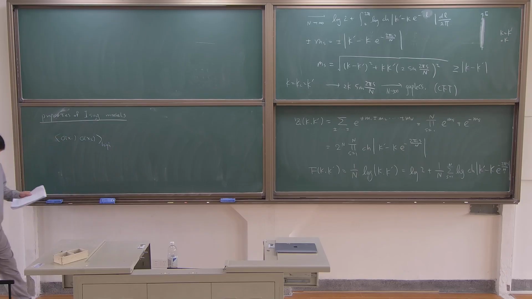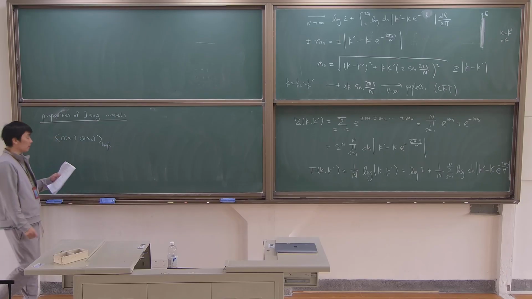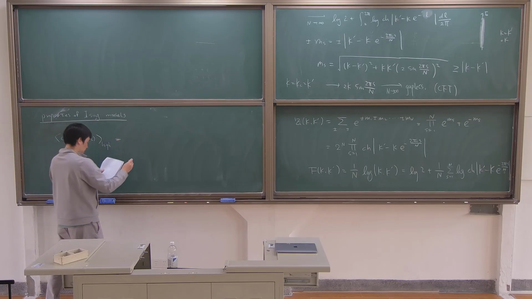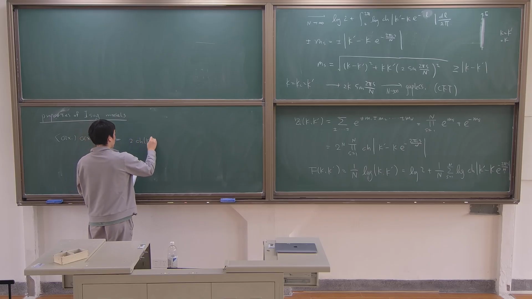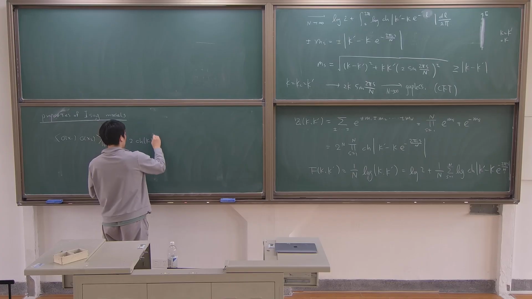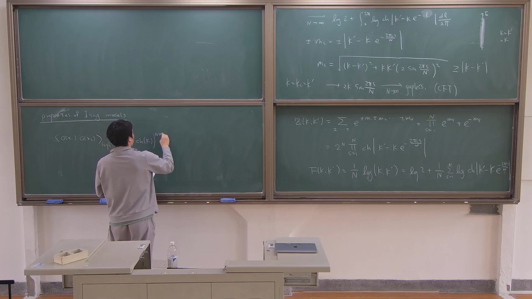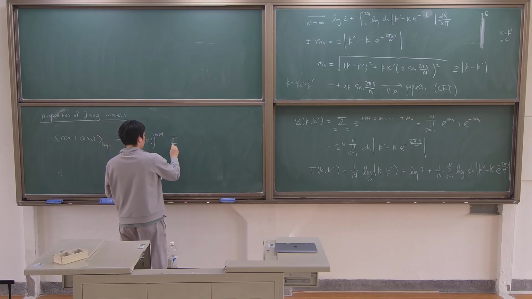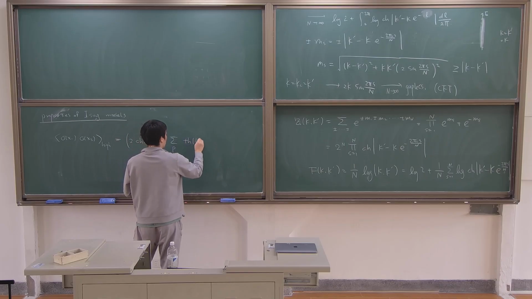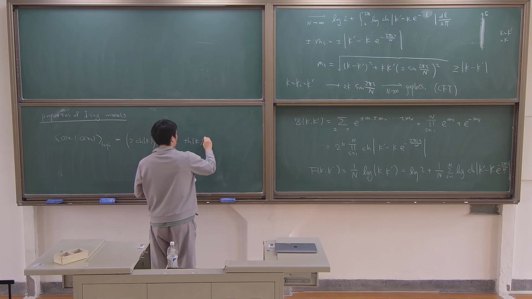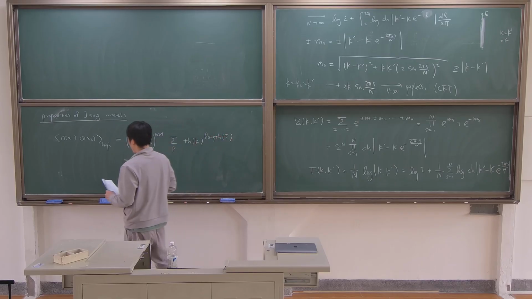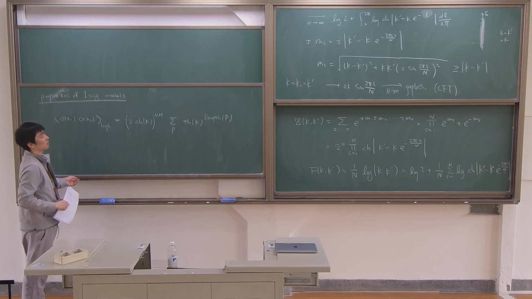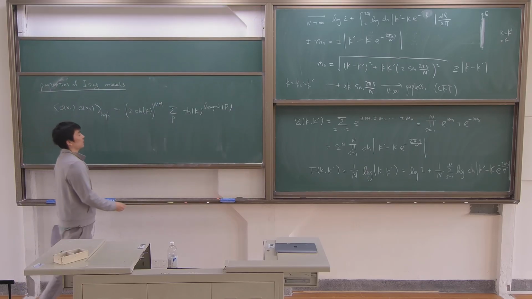This one can be understood as 2 times cosh, like this one, where P is a path.